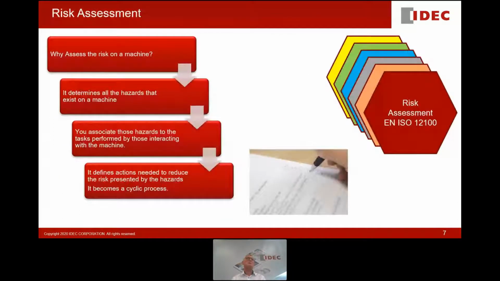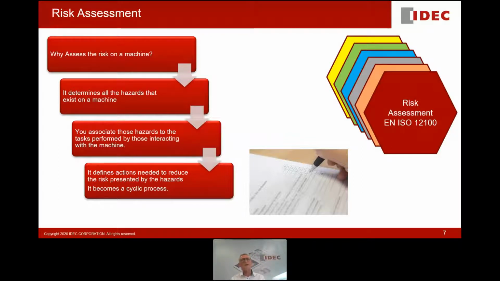So we start the process with risk assessment. Why assess the risk on a machine? Well, by doing a risk assessment, we can determine all of the hazards that exist on the machine. And then we associate those hazards with the people who are working with it.